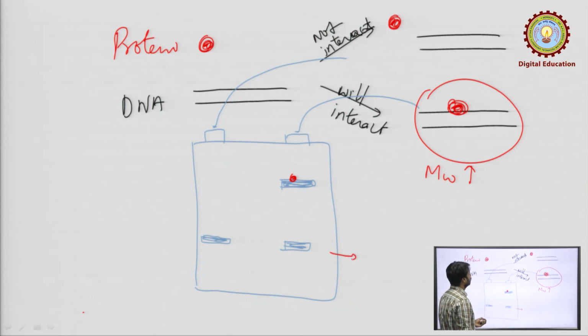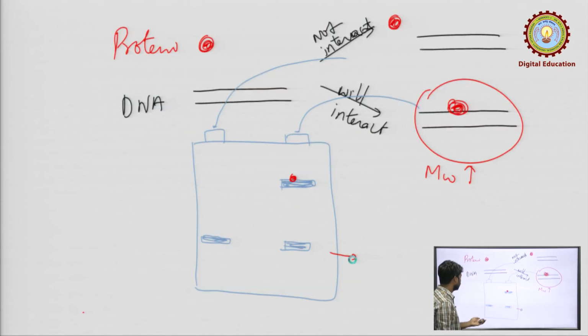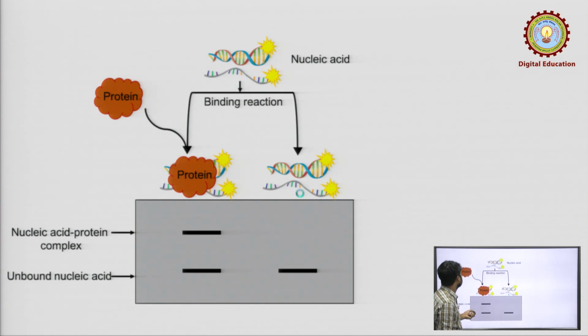So, this is EMSA, and this is also called a retardation assay. Why retardation shift assay? Because in this our band is retarded; it does not move as much as compared to the control, in which DNA is not interacting with our protein. So, this is the overall neat and clean diagram that we have learned above.